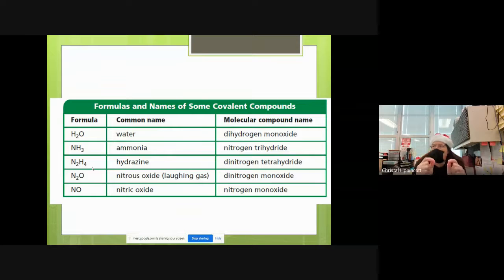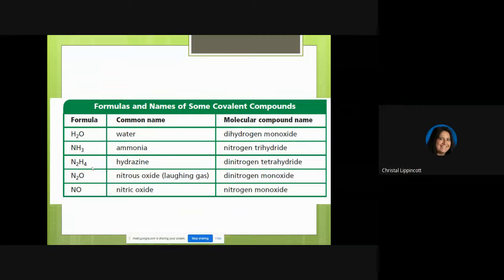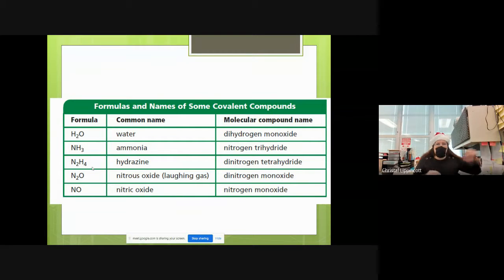In covalent, that rule does not apply. Glucose, and you guys have had this before, is C6H12O6. That is a covalent compound. You've had biology.